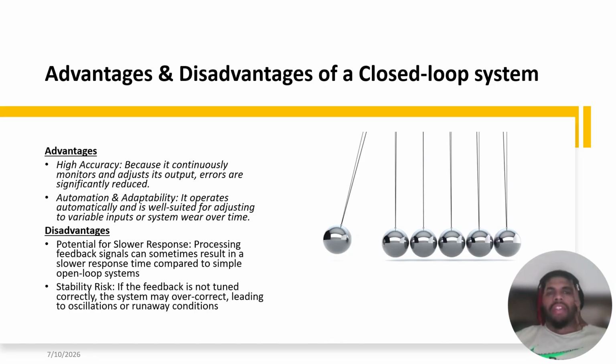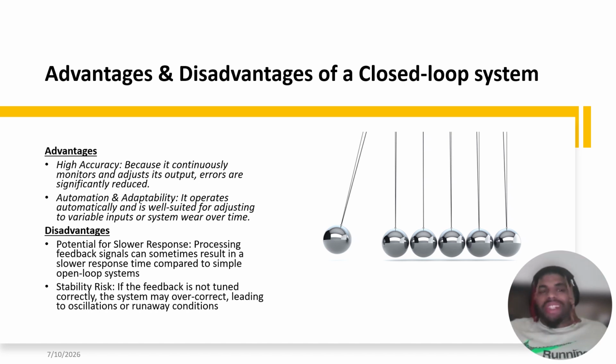Now, some advantages and disadvantages of closed loop control systems. Advantages include high accuracy, because it continuously monitors and adjusts its output, so errors are significantly reduced. Also, automation and adaptability: it operates automatically and is well suited for adjusting to variable inputs or system wear over time.